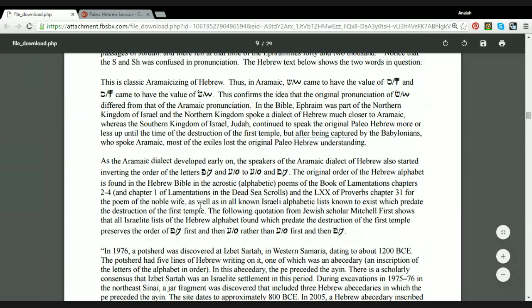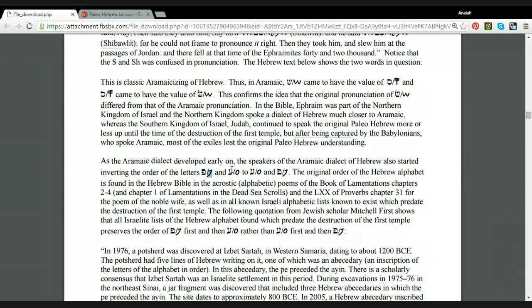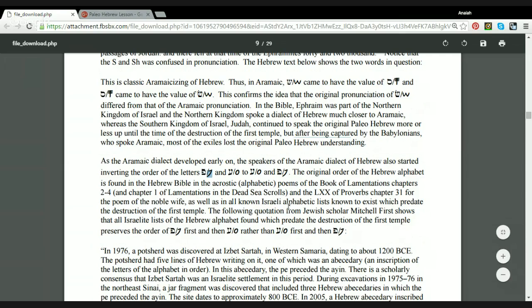So then I say also, in all known Israelite alphabetic lists which predate the destruction of the first temple that have been found, when it preserves Ayin and Pei, Pei always comes before Ayin. So far, without exception. And there are a good number of alphabet lists found before the destruction of the first temple which preserve this Pei and Ayin order.